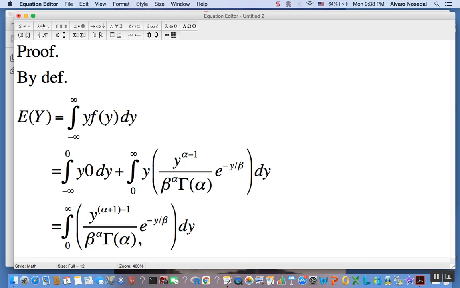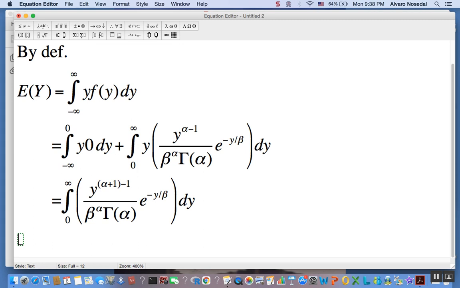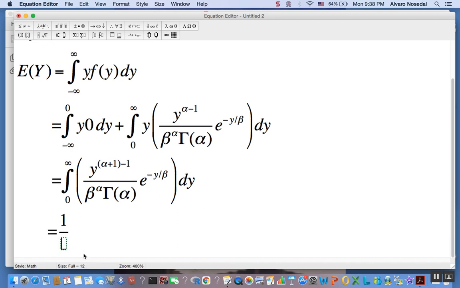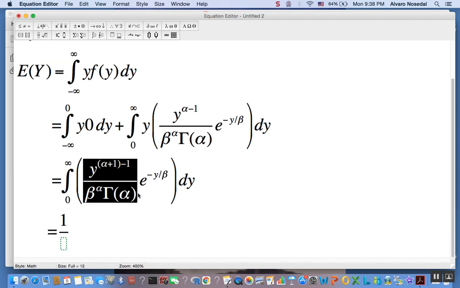Now, let me try and simplify this a bit more. We know that these are just constants. Gamma evaluated at alpha will be a number, beta to the alpha, those are given, are numbers, so we get to factor those out. That is going to help us, I believe. So let's do that first. It's going to be 1 over, let me copy paste just that part there.